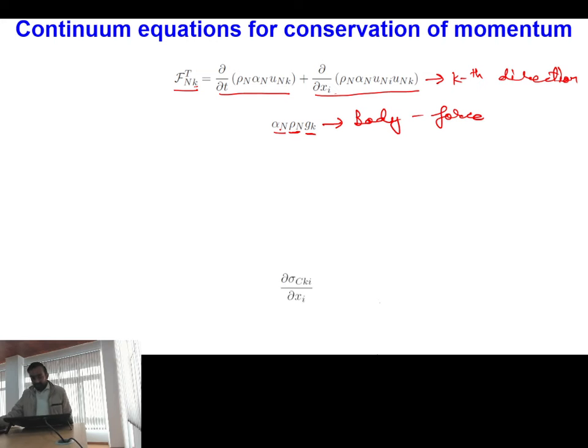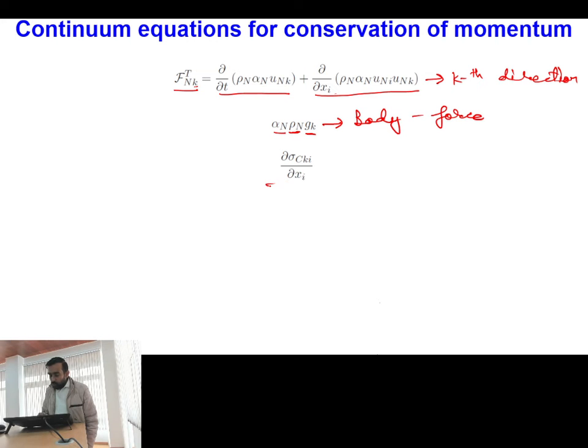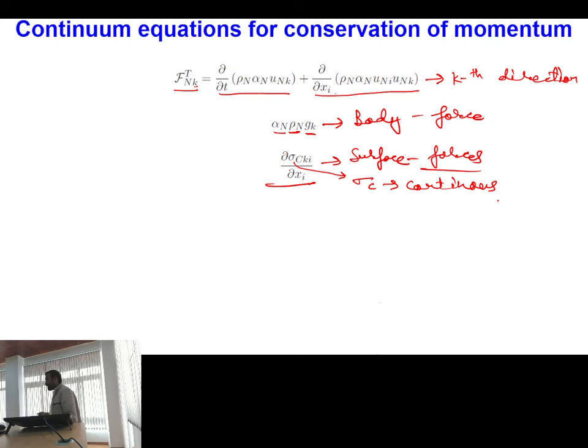Okay, then to account for the surface forces at the boundary of the control volume, we have this term del by del xi into sigma c ki. So over here, whenever I refer to the term sigma c, c is at the boundary. When we are calculating the surface forces due to different stresses, we are only considering the stresses because of the continuum phase.